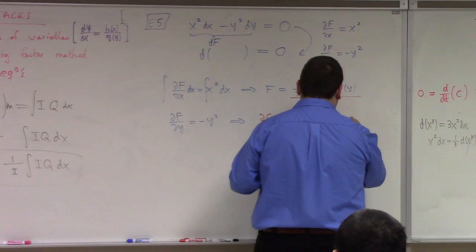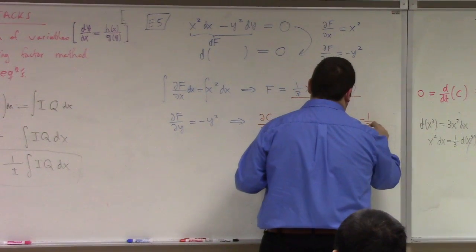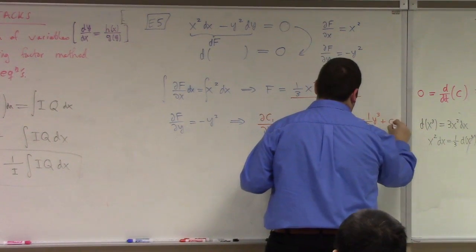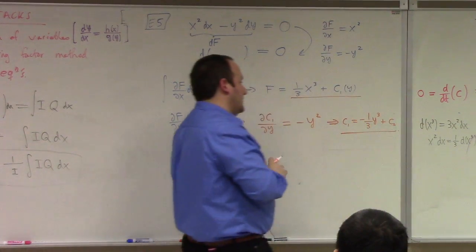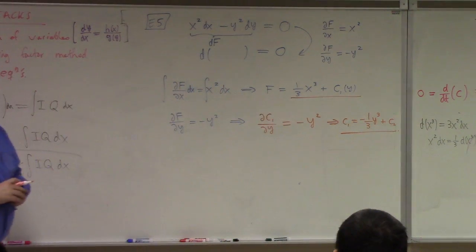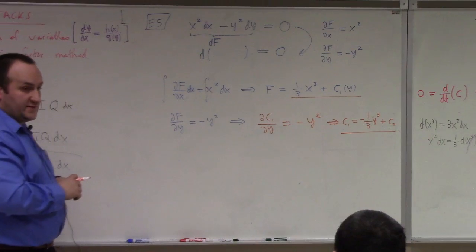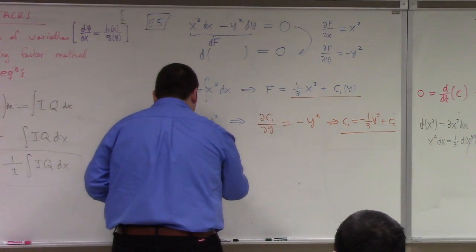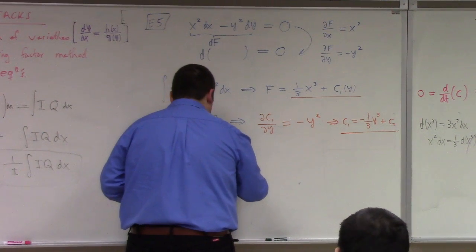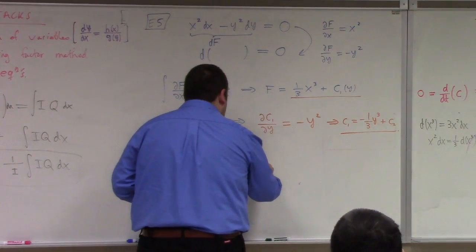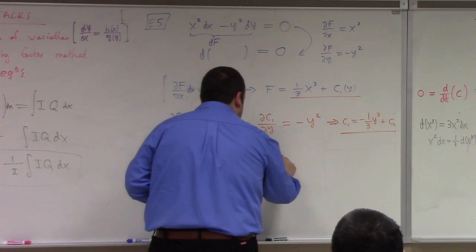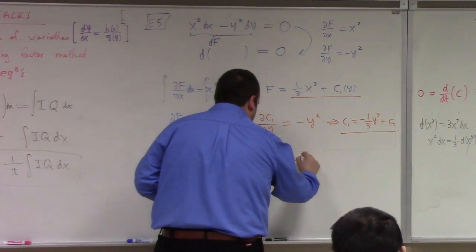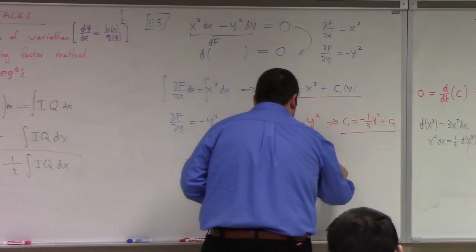What's c1 equal to then? Right, c1 is minus 1/3 y cubed plus c2, where c2 is an honest to goodness constant. Can't be a function of x because c1 is just a function of y. Put it all together, what do we have? F of x comma y is equal to 1/3 x cubed minus 1/3 y cubed plus c2.